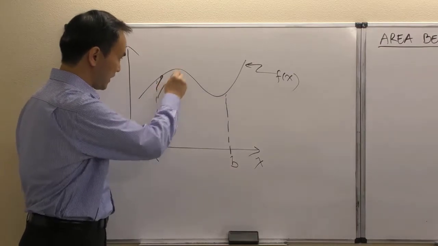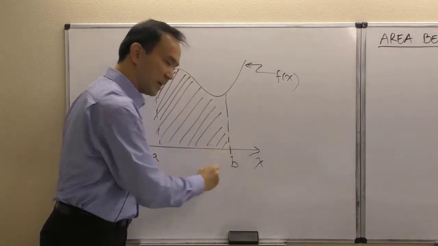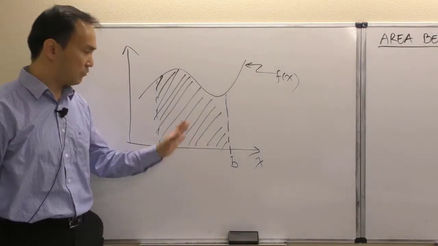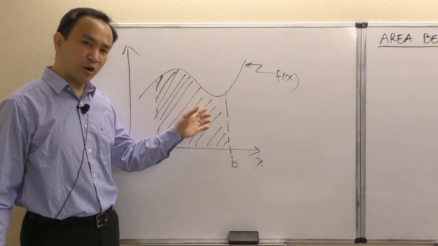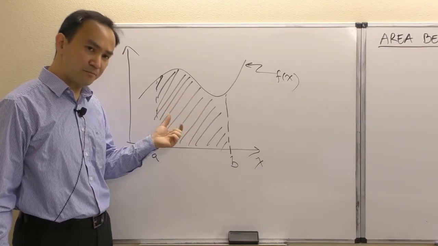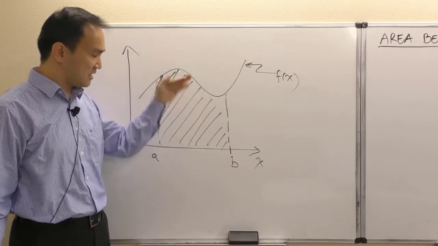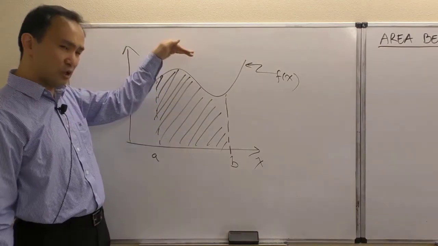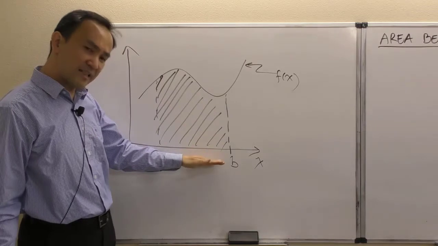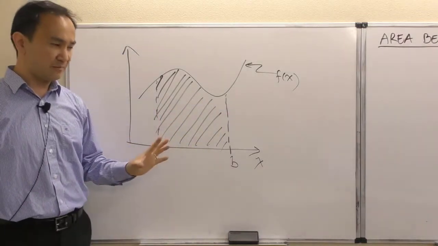There we produce for ourselves an area. And so we already learned how we used the definite integral as the best tool to find the exact area between the curve and the x-axis inside that interval. Okay, so we have done that before.